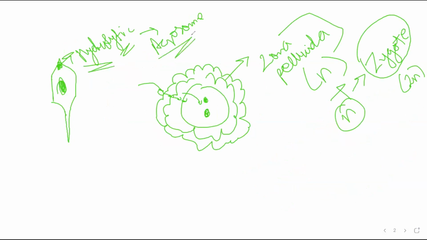This acrosome penetrates across the zona pellucida region and liberates its nucleus inside, and both nuclei combine together to form the first cell of the next generation, known as a zygote, okay?